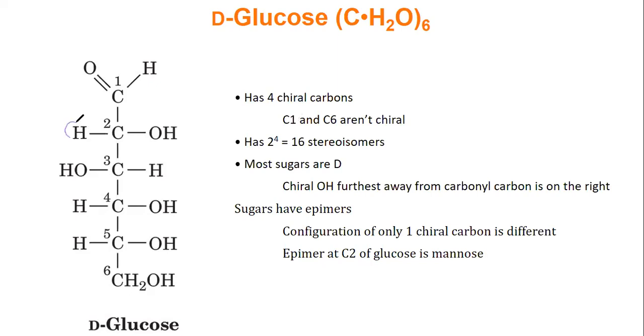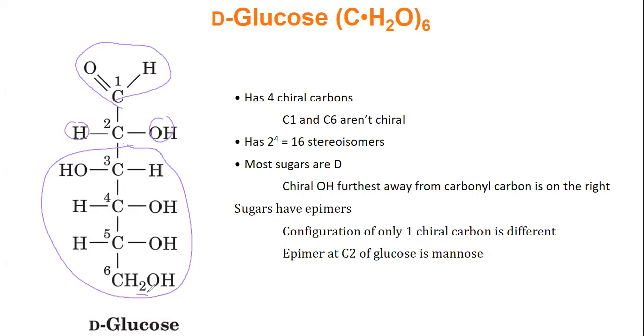So carbon 2 has an H, OH, C double bond O, and the rest of the tail, so it's a chiral carbon. Carbon number 1 is not chiral because it's not connected to 4 things. Carbon number 6 is not chiral because it's not connected to 4 unique things. It's connected to 2 hydrogens.